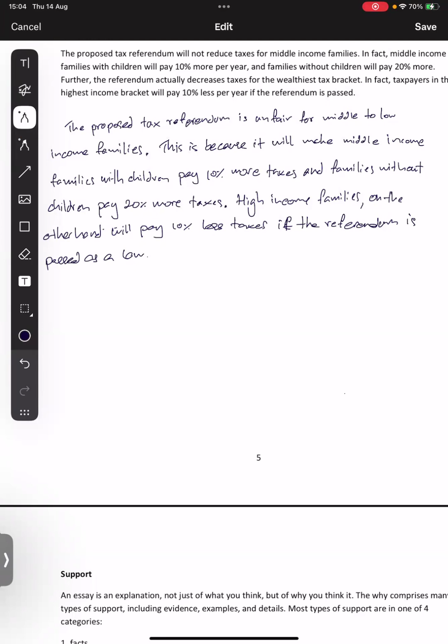So this is the deductive style. The proposed tax referendum is unfair for middle to low income family. This is because it will make middle income families with children pay 10% more taxes, and families without children pay 20% more taxes. High income families, on the other hand, will pay 10% less taxes if the referendum is passed as a law.